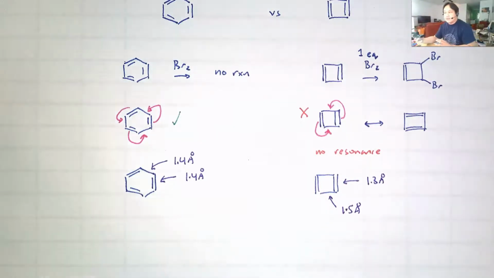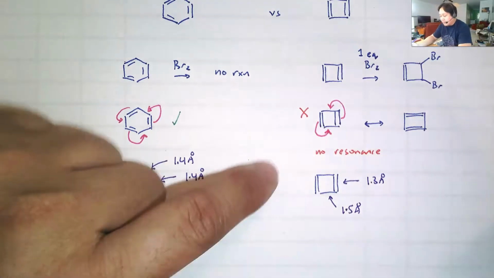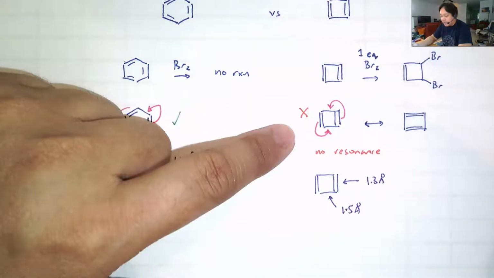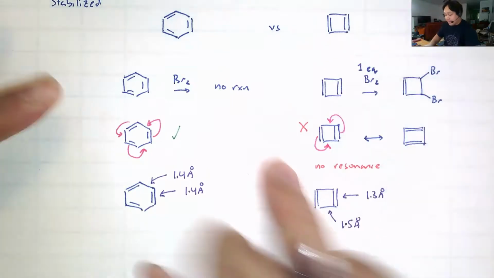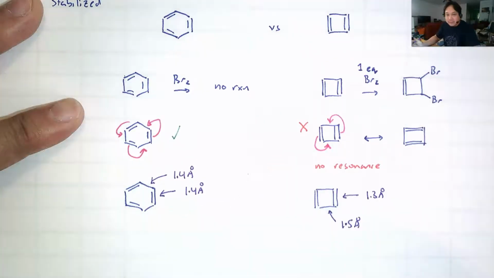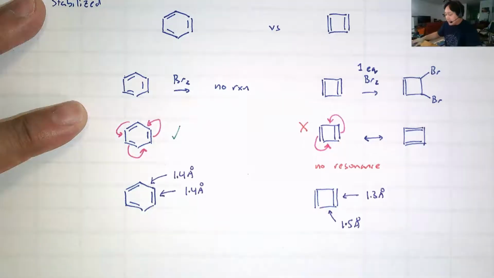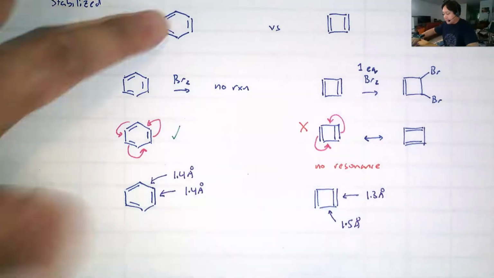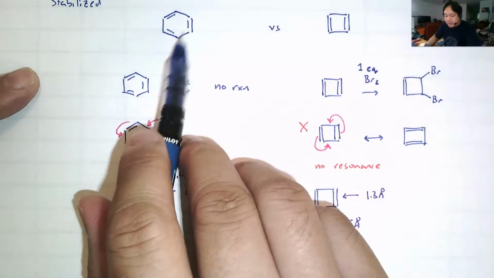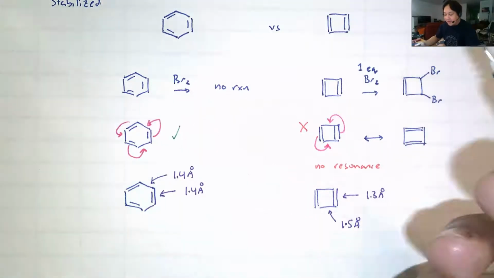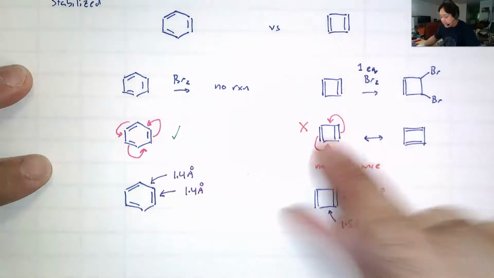Again, it's implying that you cannot do resonance with this molecule here, which is unusual because I can see on paper that I can move those electrons. Okay, there are other molecules that have this sort of double bond, single bond, double bond alternating pattern where you cannot do resonance. This is one of them.